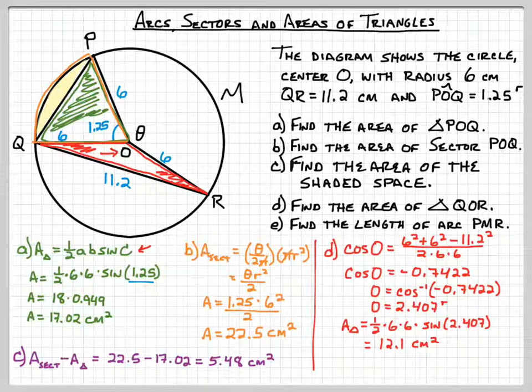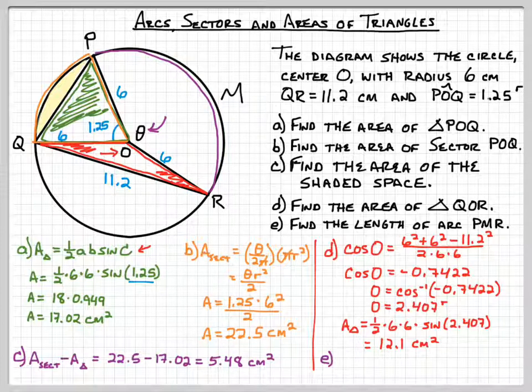The last piece is the arc length of PMR. We have this M out here to help identify which arc we're talking about, since there are 3 different arcs we could mean.